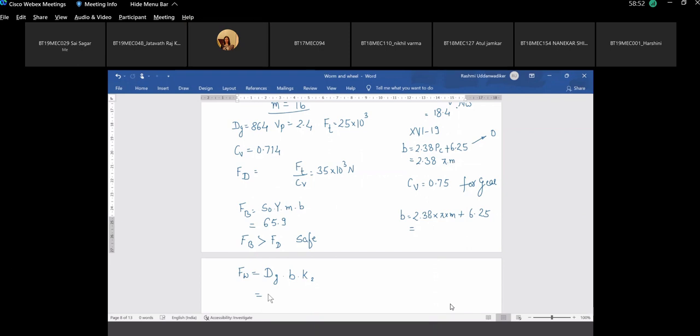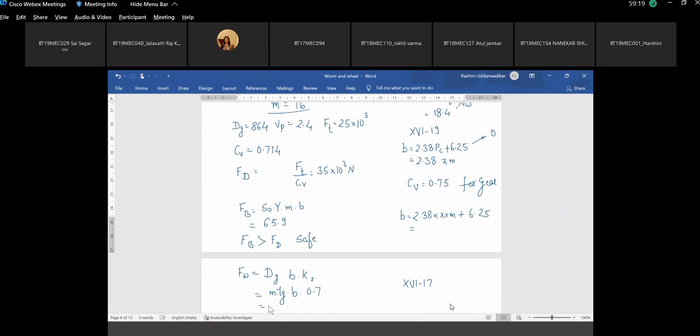For phosphor bronze, the value of K2 is given as 0.7. Check that FW is greater than FD.